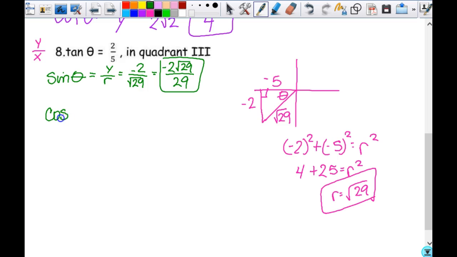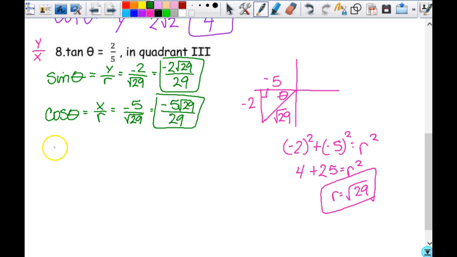Cosine theta, x over r. So that should be negative 5 over the square root of 29, which is negative 5 square root of 29 over 29. If you can jump to that, that's fine. Tangent theta is 2 over 5. I already have that, so that's good.